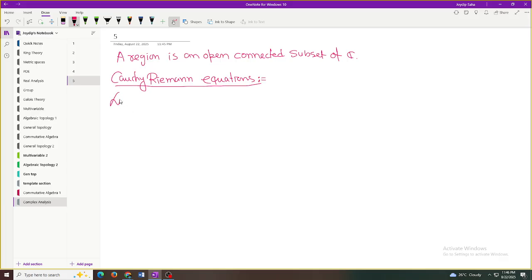Let G be a region and f: G to C be analytic.